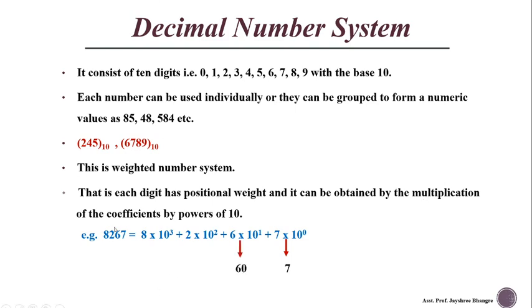Next, the positional weight of 2 is 2 into 10 raised to 2, that is 200. Then for 8, the positional weight is 8 into 10 raised to 3, that is 8000. So we get the positional weight for each digit present in this decimal number.